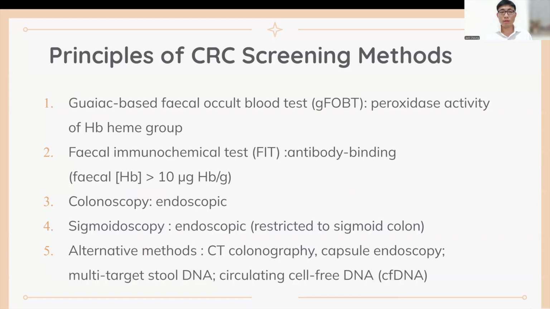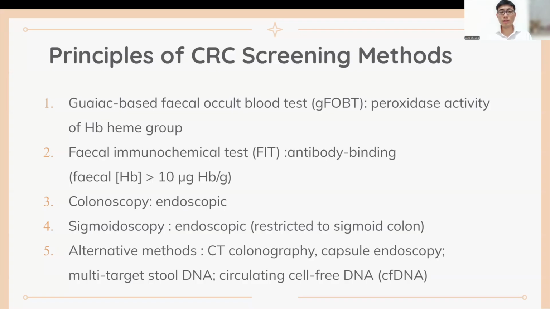These are the major CRC screening methods and their principles. The traditional guaiac-based fecal occult blood test works by testing the peroxidase activity of the hemoglobin heme group, while the more accurate fecal immunochemical test works by antibody binding, with positivity defined by a fecal hemoglobin concentration above 10 micrograms per gram of feces.